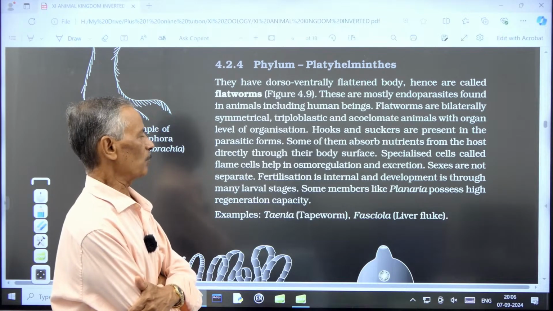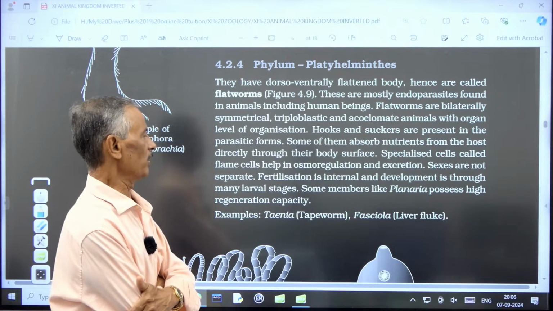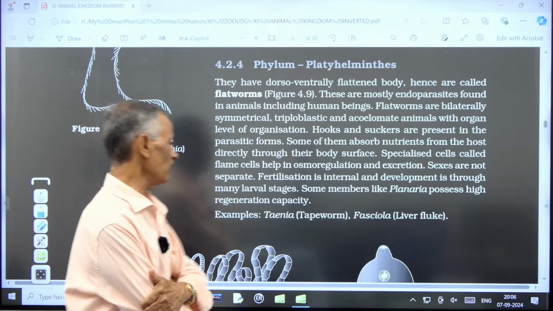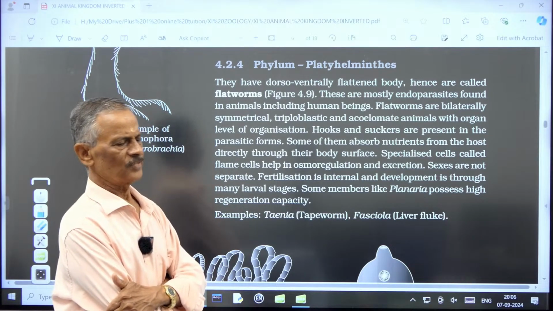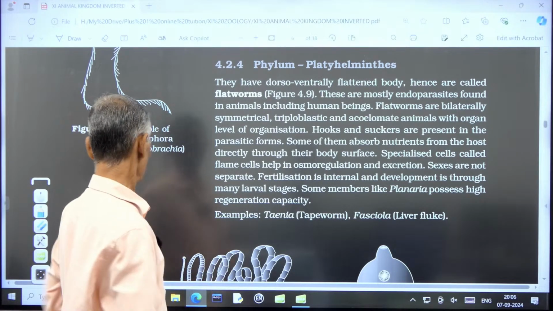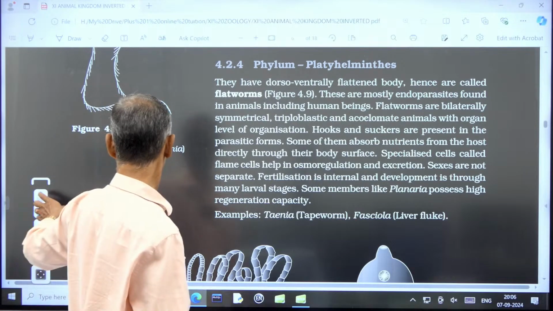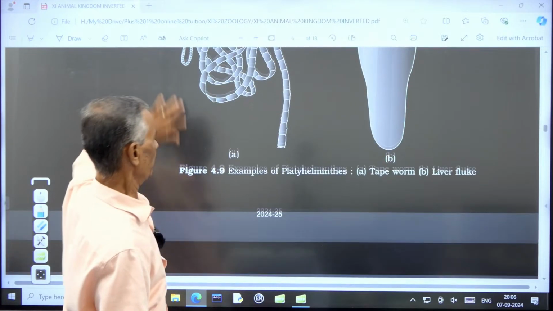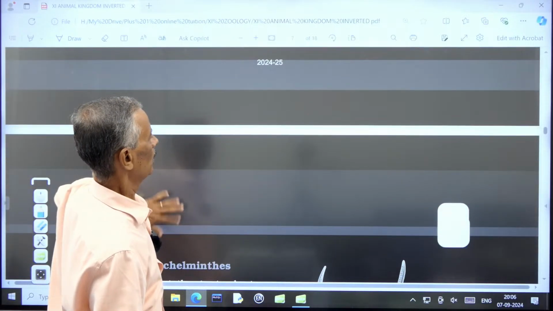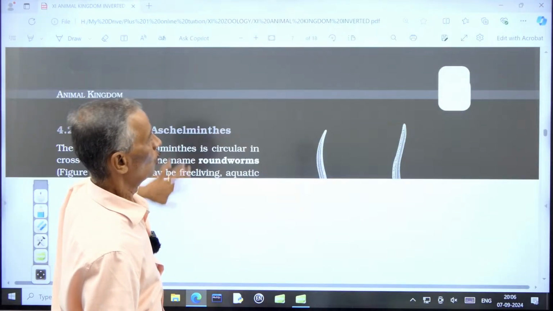Some members like Planaria, which is free living, possess high regeneration capacity. Is that clear? Any doubt? Anybody?